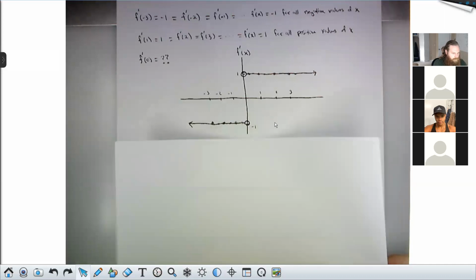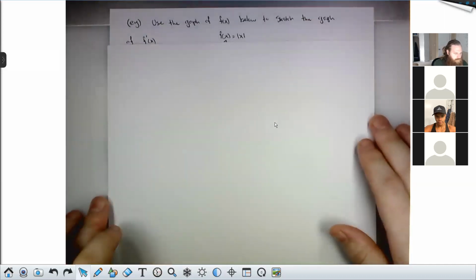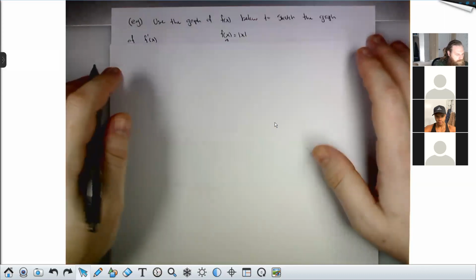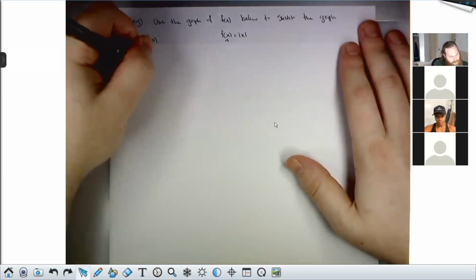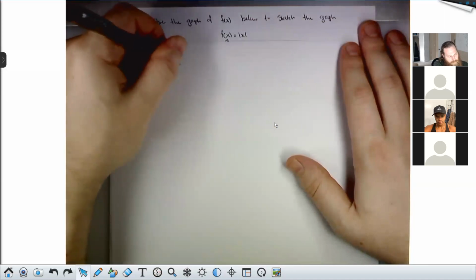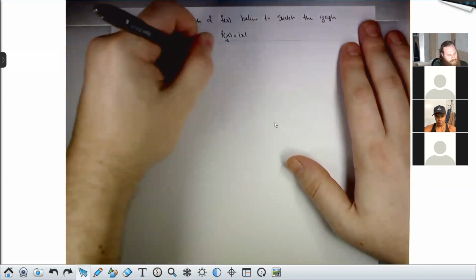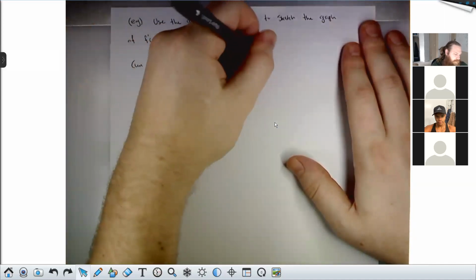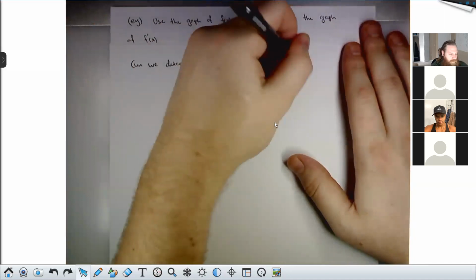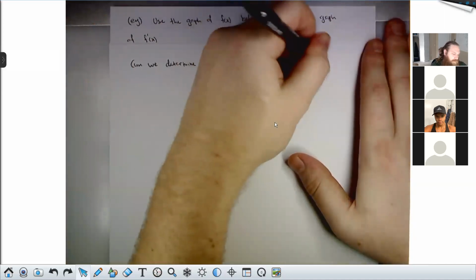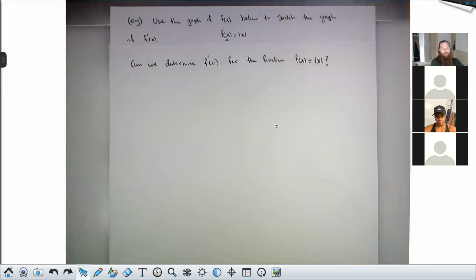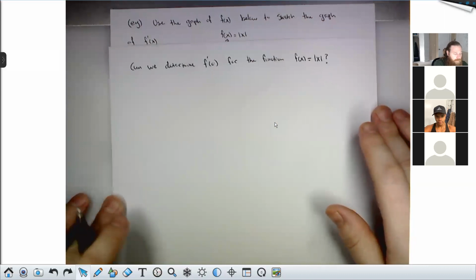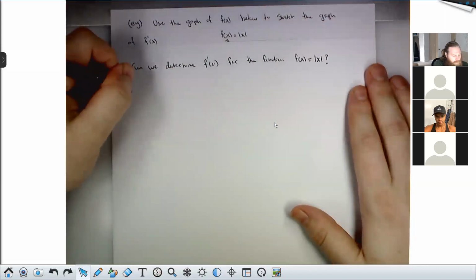So we want to know, can we determine f prime of 0 for the function f of x equals the absolute value of x? We can try. We would use the definition.